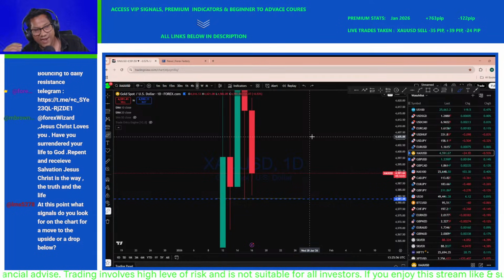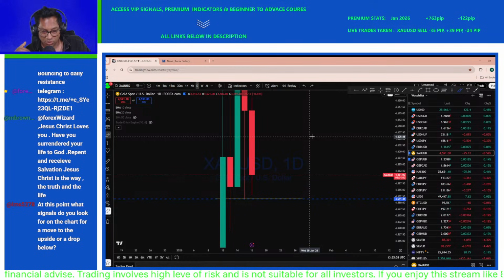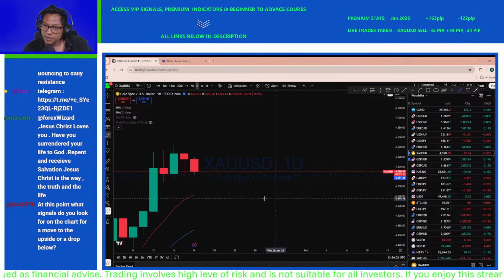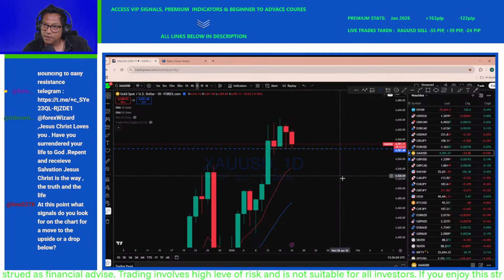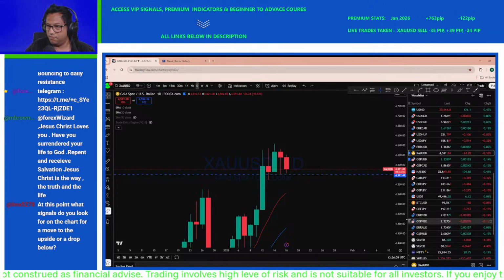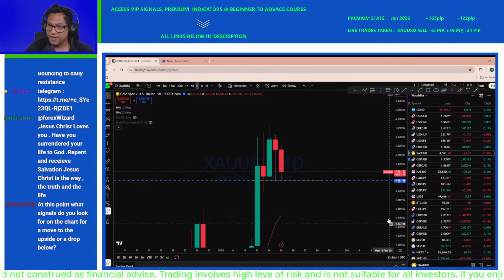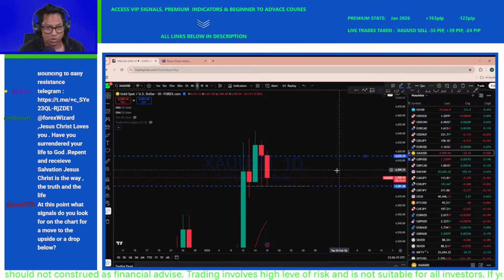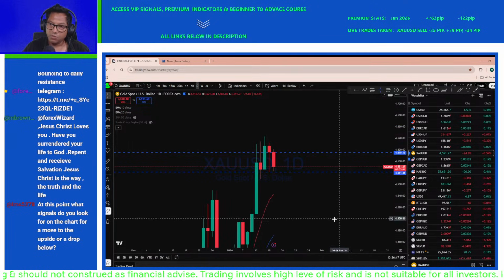One thing can happen later today: after breaking the previous daily low, the market may still reverse back to the daily resistance, because the long-term trend is bullish.